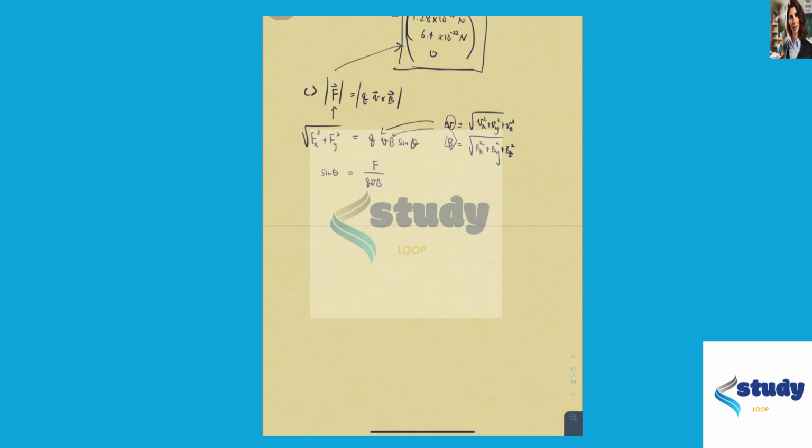Now the answer is very clear, because θ, the angle between V and B, is just the inverse sine of F over qvB. If you plug all of the numbers into your calculator, you will find that θ evaluates to 172.5 degrees.